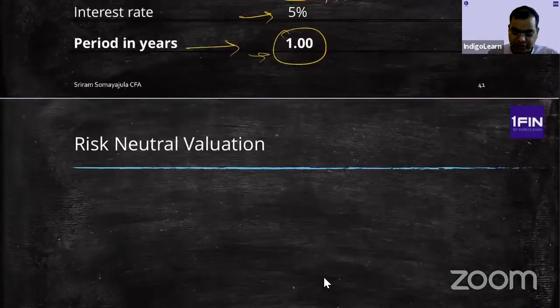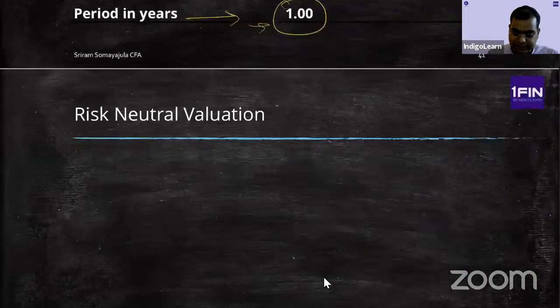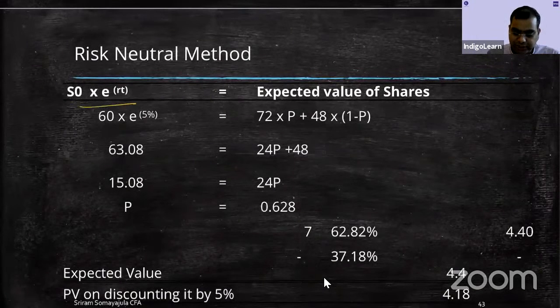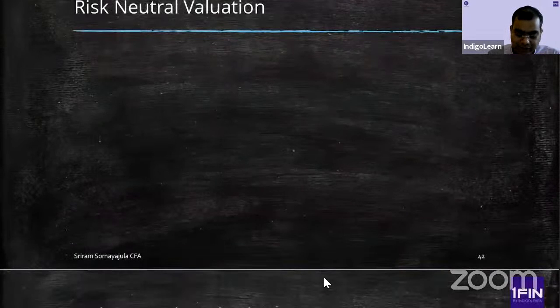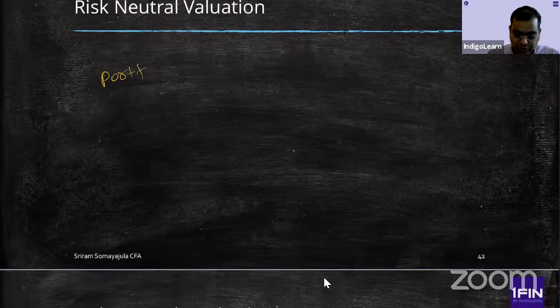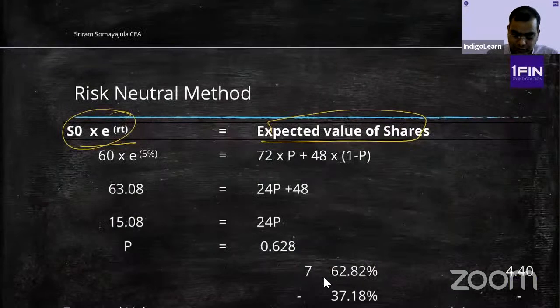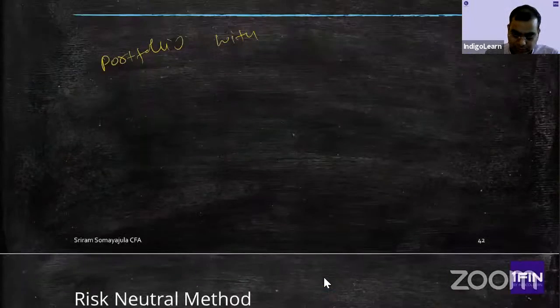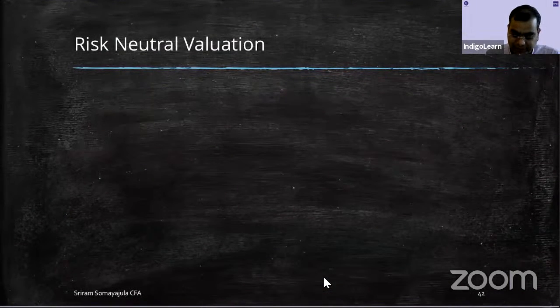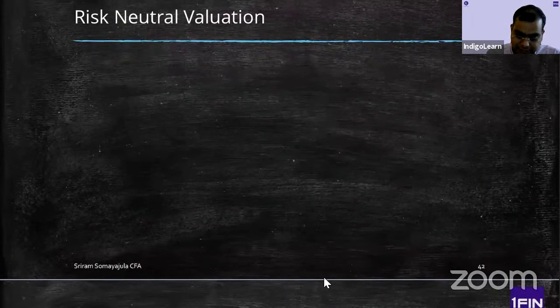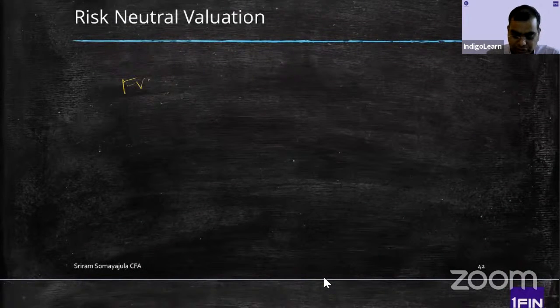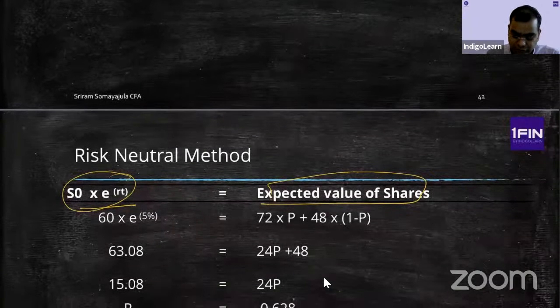Then if you want to do a risk neutral valuation, what you're going to basically do is you are going to equate 2 things. In a risk neutral scenario, the future value of stock is equal to, right, future value of stock.